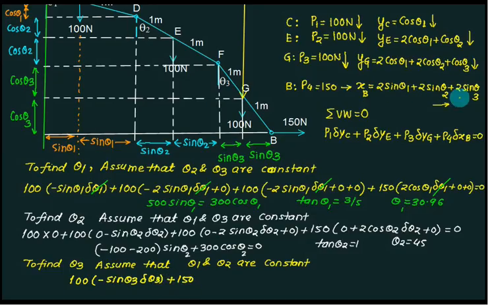And this is 0, this is 0, this one is 2, so this one is 2 cos theta 3 into del theta 3. So tan theta 3 is 3. So theta 3 is 71.56.